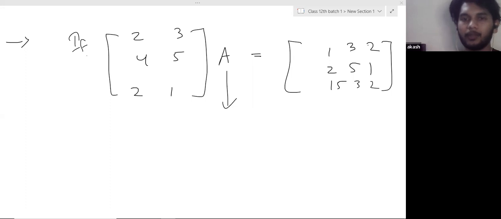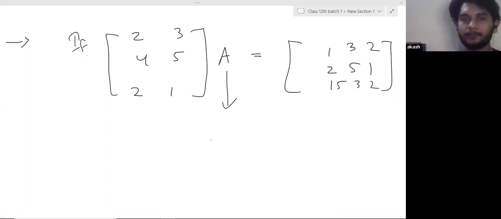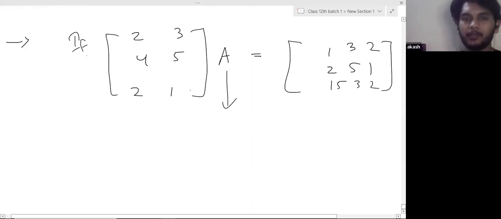How to solve? You have to assume a matrix A, and we all know the order of matrix A, I hope. Sir, what is A with arrow downwards? We discussed it in the last class. See, this matrix is 3 by 2, 3 rows and 2 columns. So multiplication is possible.